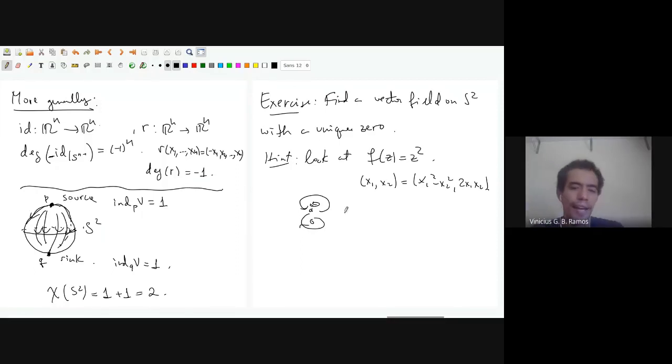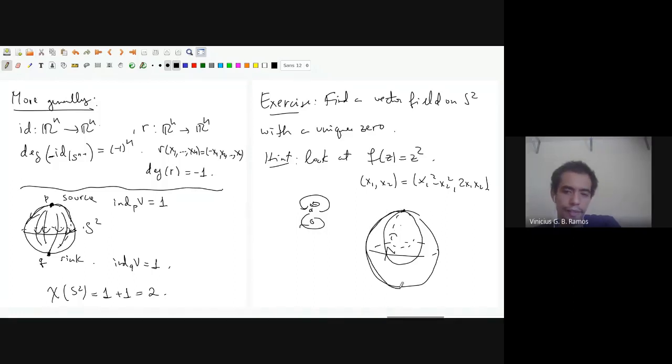I mean, in a way, I think, well, I'm already giving too many hints, but if you just want to draw a picture, you can kind of start by going like this, and then going on the other side like that. And then you see that you can actually extend this to something that goes like this through the South Pole.